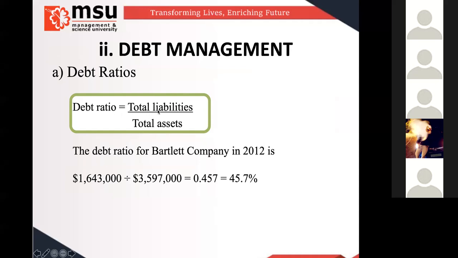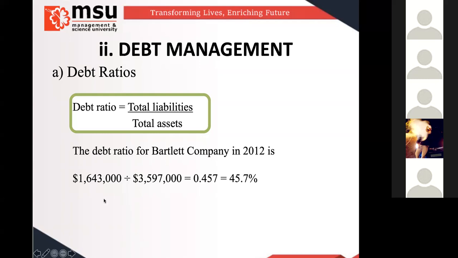How to calculate the debt ratio is total liabilities divided by total asset. Both elements you can find in the balance sheet. Total liabilities is current liabilities plus non-current liabilities, divided by total asset. Total asset is also current asset plus non-current asset.